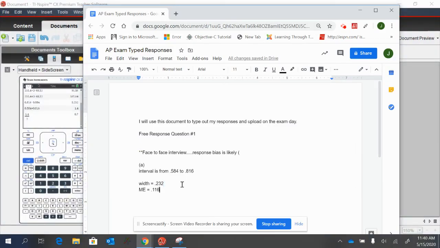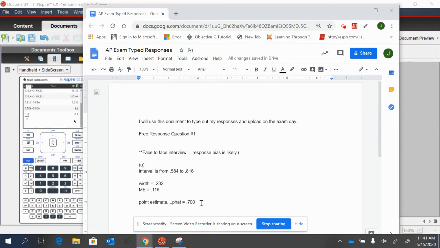Margin of error is 0.116, so it's going to look like this. Our point estimate is going to be our p hat. It's going to be 0.7. And our margin of error is going to be that 0.116. So that's where you're going to get 0.816 on the high side, 0.584 on the low side.